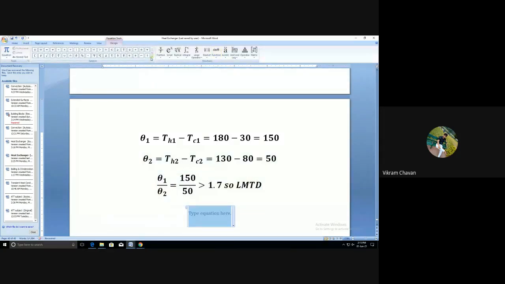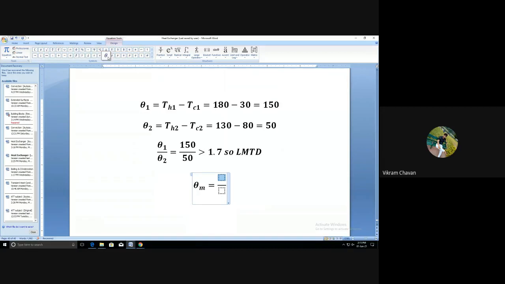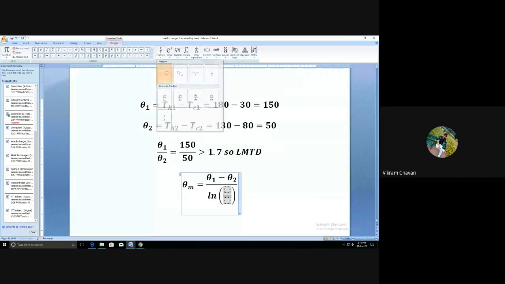The equation for LMTD is theta m equal to theta 1 minus theta 2, divided by ln of theta 1 divided by theta 2.